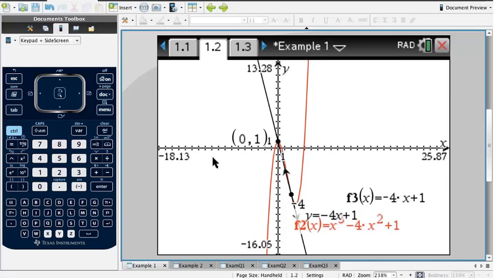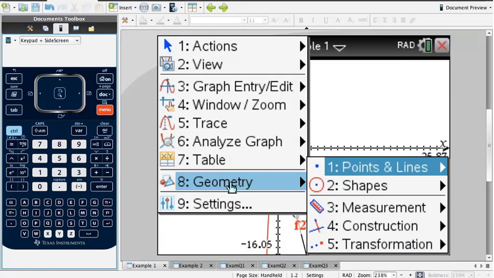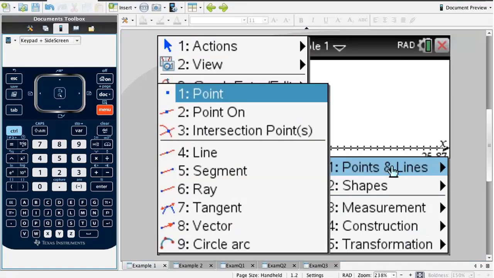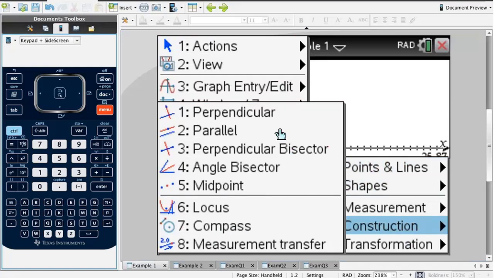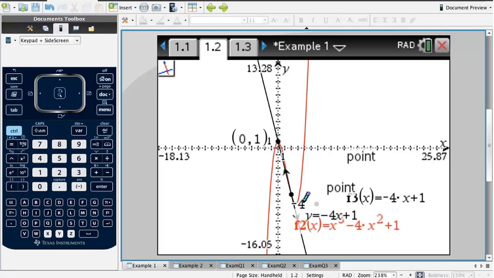We're going to go menu, geometry again, points and lines, but this time, sorry, I apologize, it's construction, and choose perpendicular. I want it to be on the same point as before, so I'll click on that point, and I'm going to choose this line to be perpendicular to, and there is my normal.